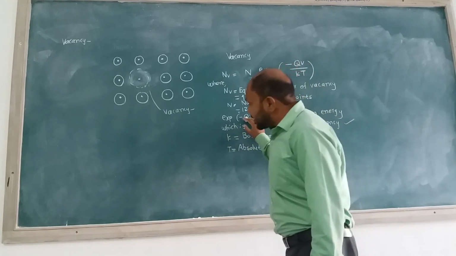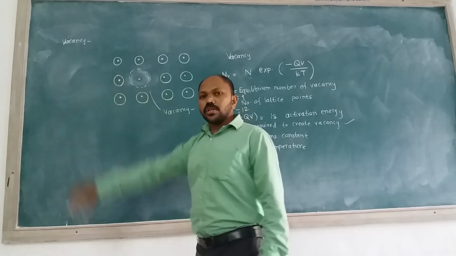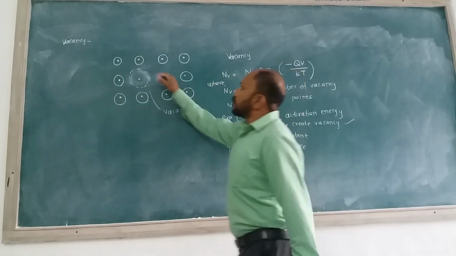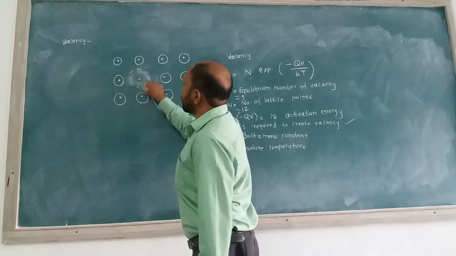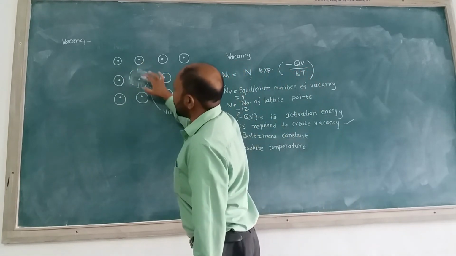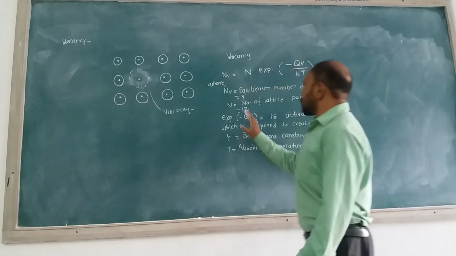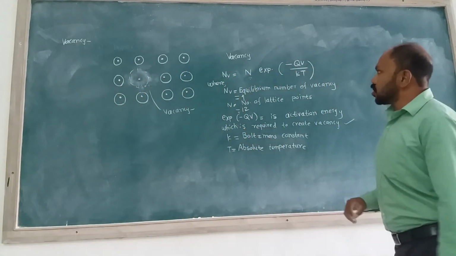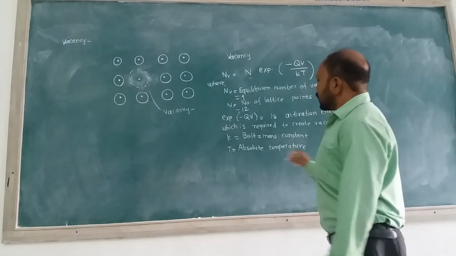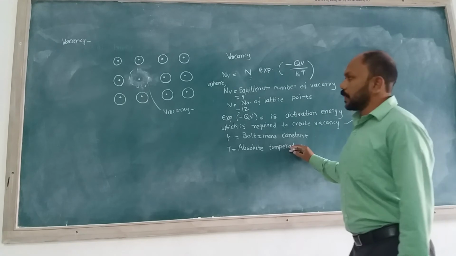This much energy is required to shift this atom from this location, or to break these bonds and free this atom. So this is called the activation energy. Then K is the Boltzmann's constant, and T is the absolute temperature.